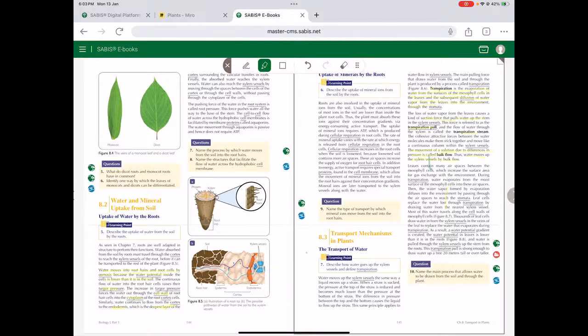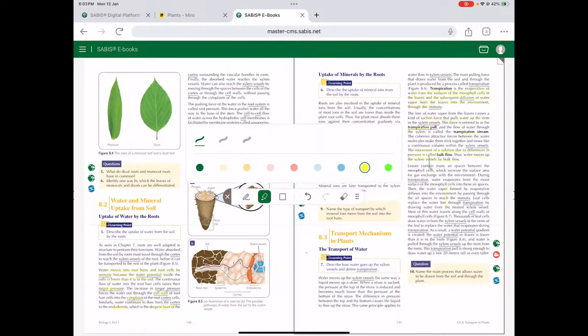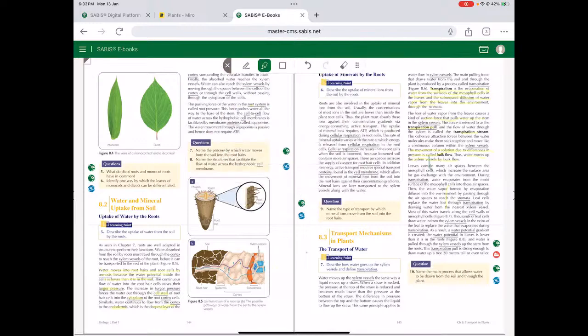Root pressure is here. It's the pushing force in the root system. So when we're talking about the root system, we will be talking about root pressure, just so you don't get confused. We talked about root pressure in this part.